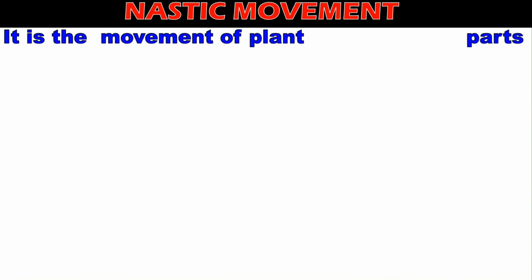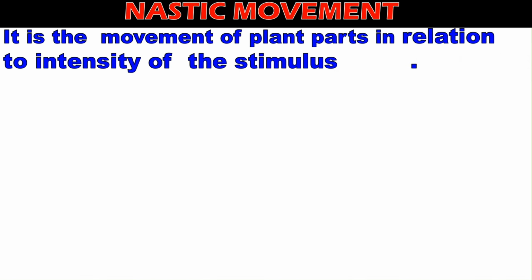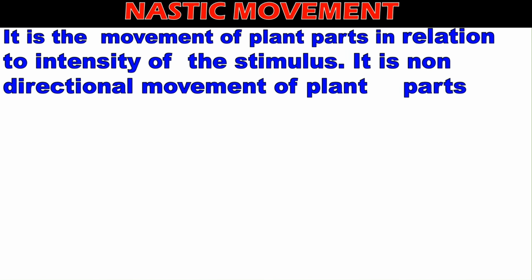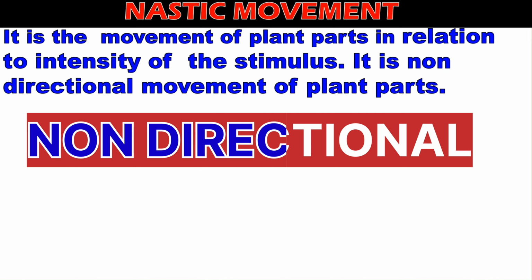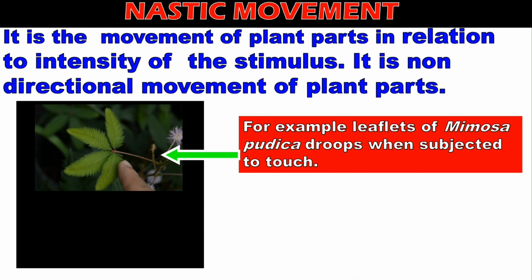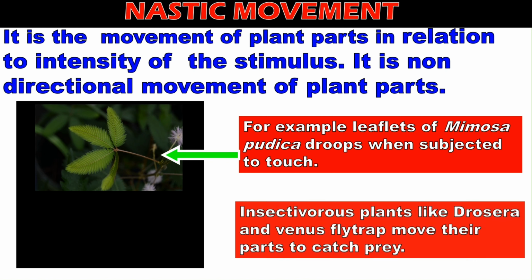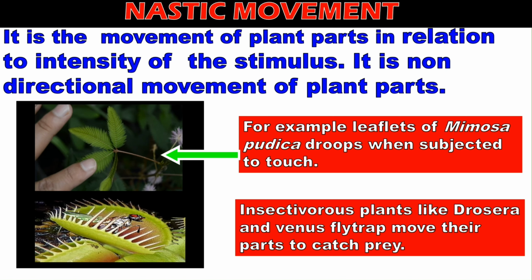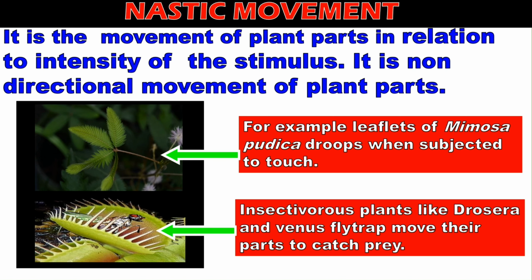Therefore, nastic movement is the movement of plant parts in relation to intensity of the stimulus, and it is non-directional movement of plant parts. For example, leaflets of Mimosa pudica droop when subjected to touch, and insectivorous plants like Drosera and Venus flytrap move their parts to catch the prey.